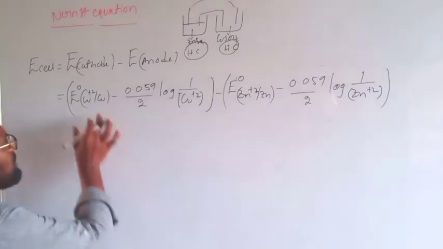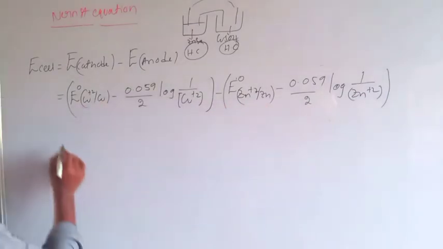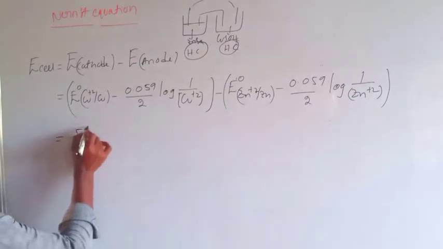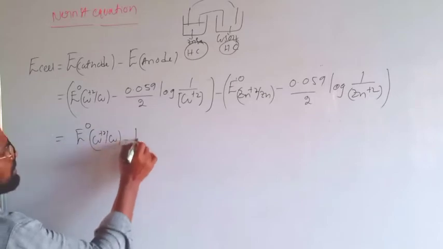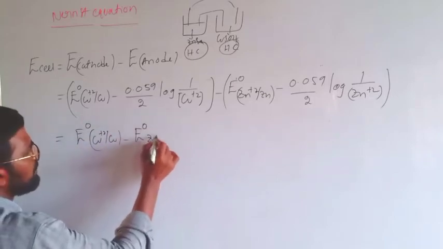Here the standard electrode potentials can be taken as common. Then standard electrode potential of copper minus standard electrode potential of zinc.